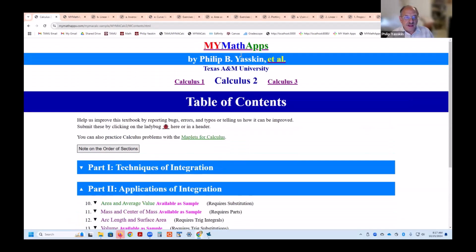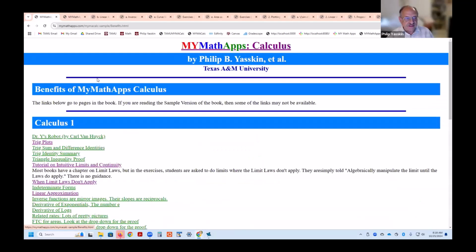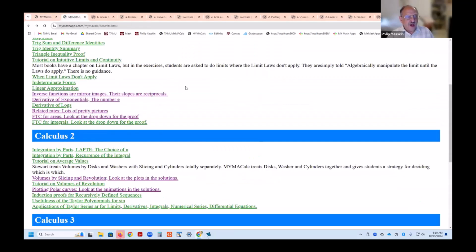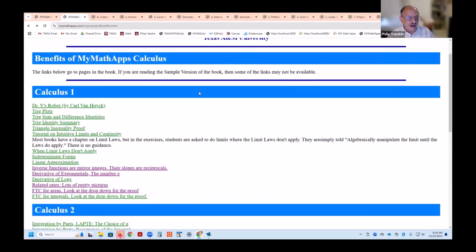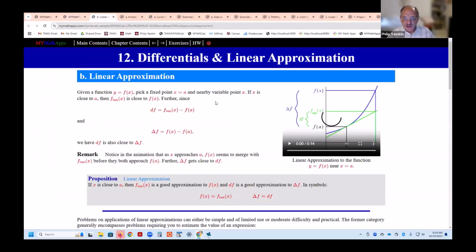Back to the main page, I have a page called Benefits, which will help you see various things that are useful in the book. And a lot of them are graphics. So, for example, here is an animation showing linear approximation.